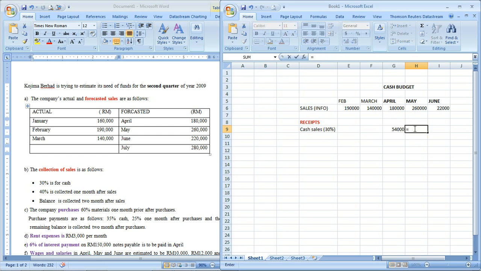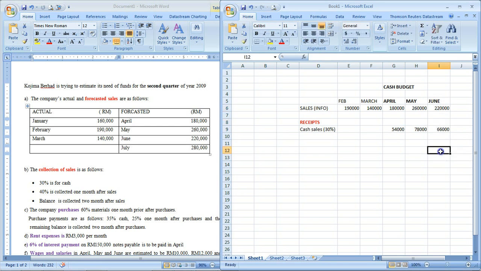Same step for May, 0.3 times the sales amount. Same goes for June: 30% times 220,000, you will get 66,000.